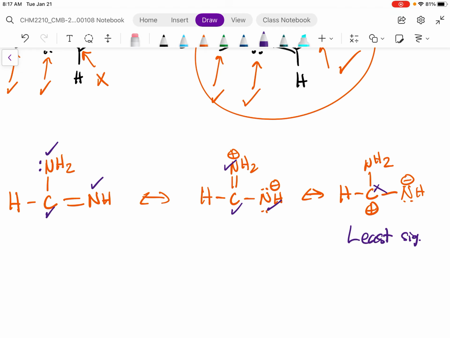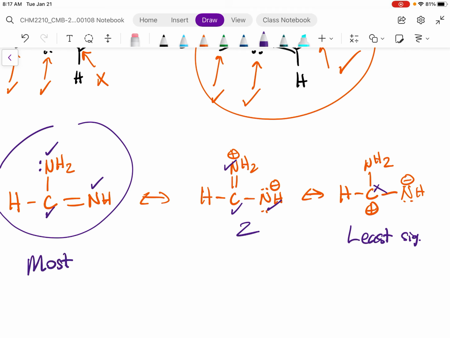So we have to generate a second rule. And the second rule states the structure with fewer formal charges is more significant. So we're just counting how many formal charges there are. This guy has 0 formal charges, and this guy has 2 formal charges. It has a positive and a minus. So between those 2 resonance forms, rule 2 says this is the most significant.